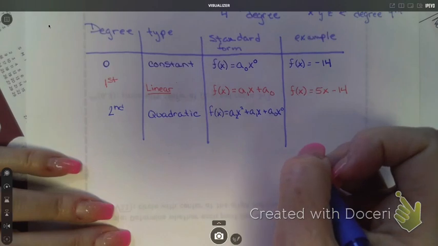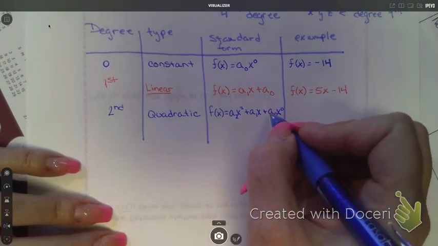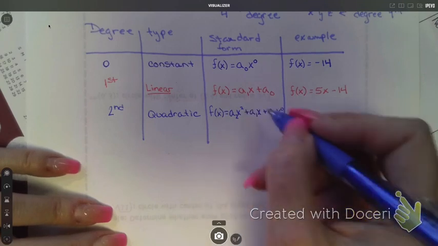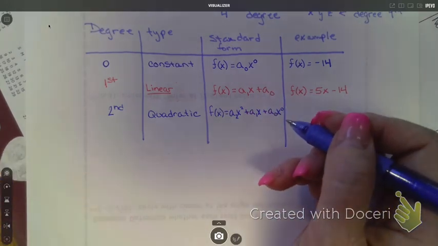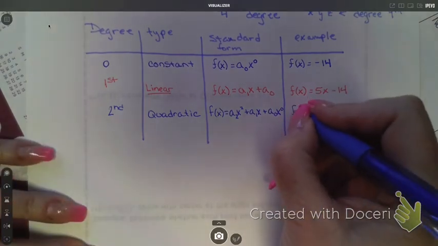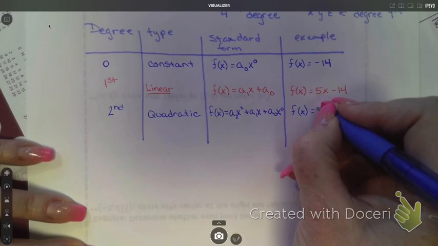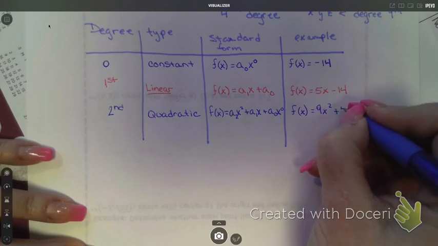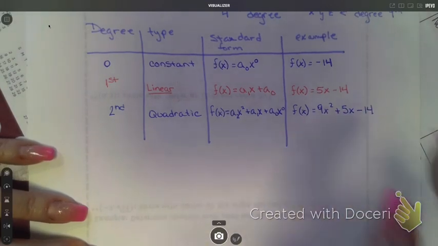A sub 2 x squared, a sub 1 x to the first, a sub 0 x to the 0. What do you notice about these two numbers? 2, 2, 1, 1, 0, 0. They match, right? An example of that would be 9x squared plus 5x minus 14. Just keep adding to the one above it.